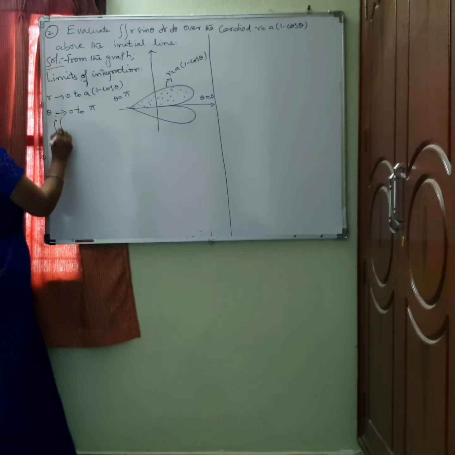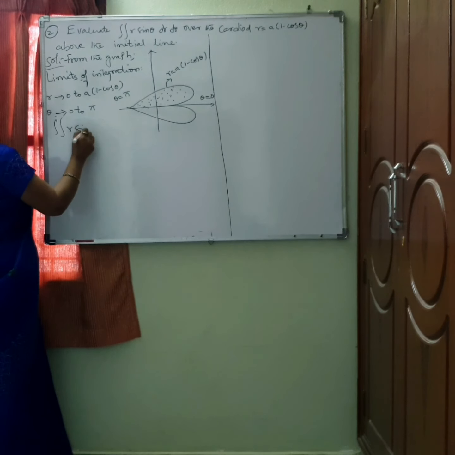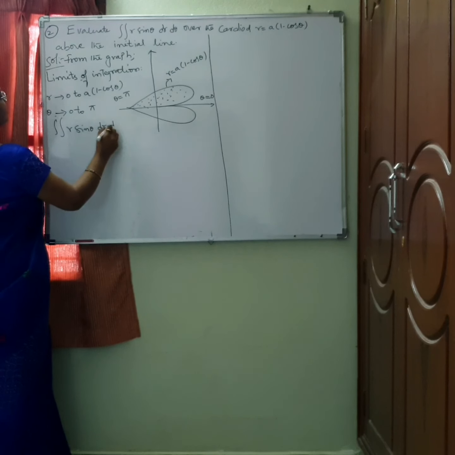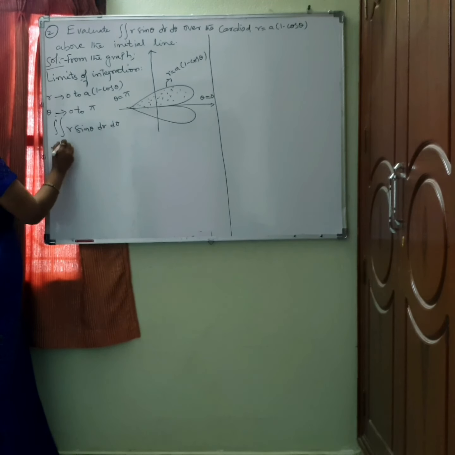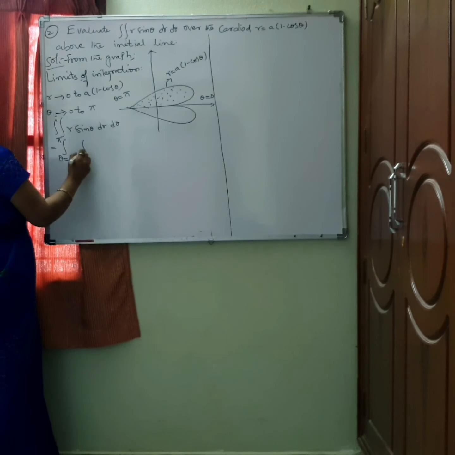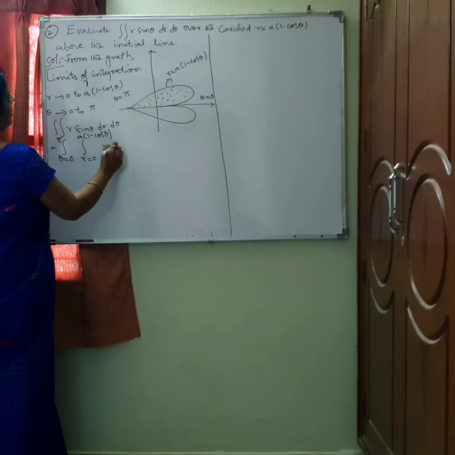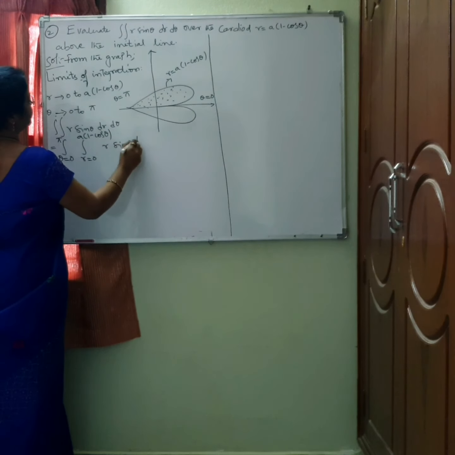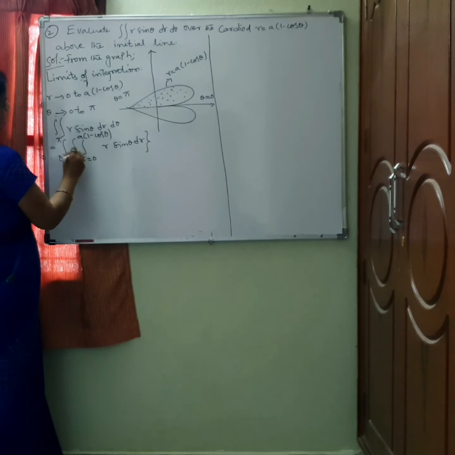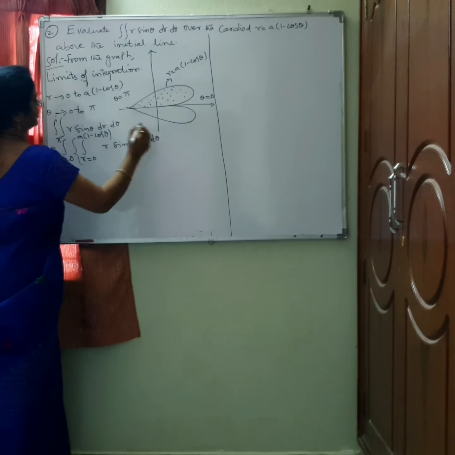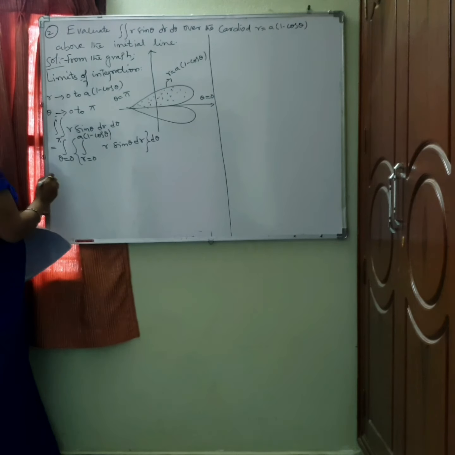Now we consider our double integral r sin theta dr d theta. It can be written with the outer integration always with respect to theta, from 0 to pi, and r from 0 to a into 1 minus cos theta. The inner integration is with respect to r, and the outer integration is with respect to theta.